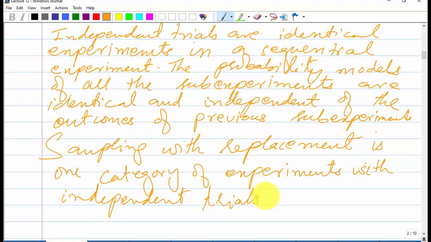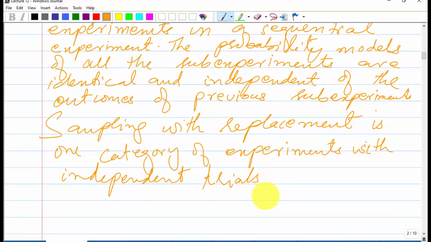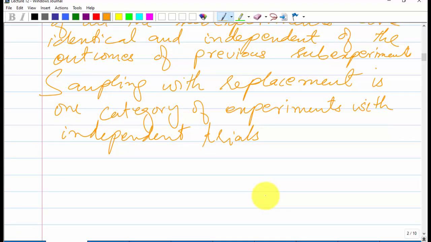So independent trials simply means they are independent of each other. If we do a sub experiment, the next time we do the sub experiment, that will not be affecting the previous one or the coming sub experiment.